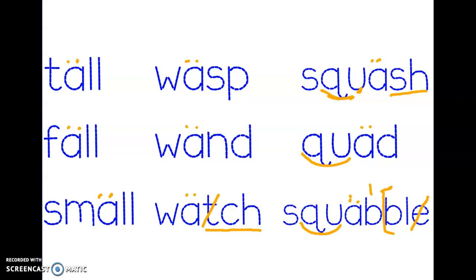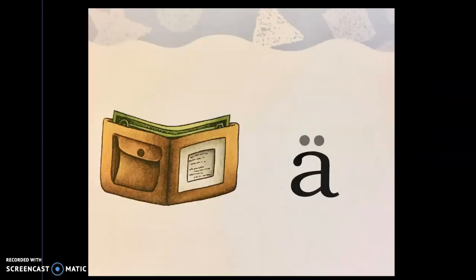So, when I think about my letter A when it's saying the ah sound, I am going to think of the word wallet. Wallet will help remind me of that short O sound for my A.